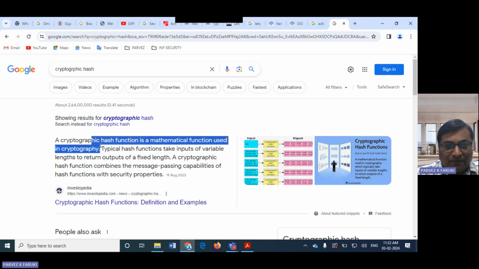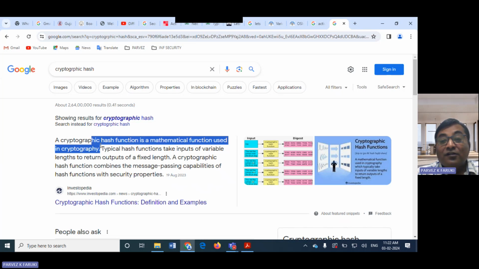say it's a 1 MB file. Let's make it a bit bigger. It's a 100 MB file. Let's make it a bit more in size. It's a 1 GB file. Or probably your Windows setup, which is probably 7 gigabytes in size, or your Linux operating system setup, probably 4 to 5 gigabytes.